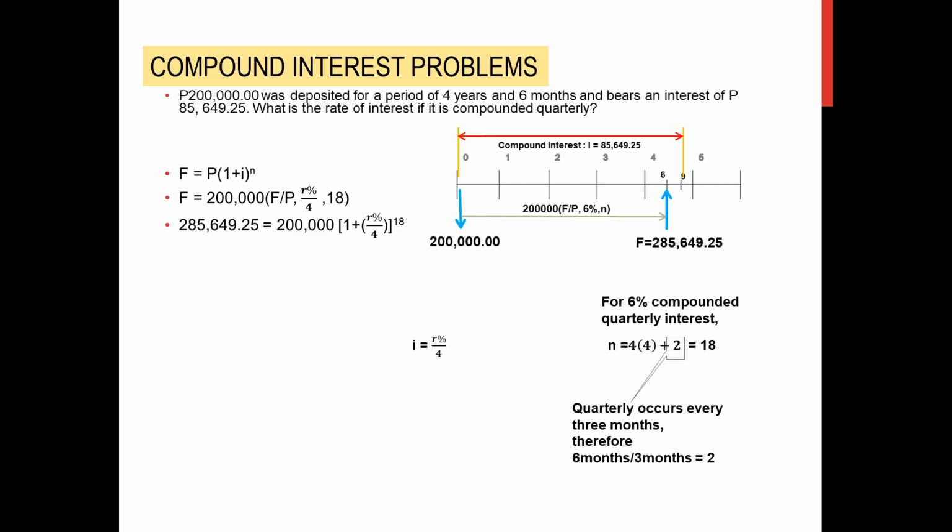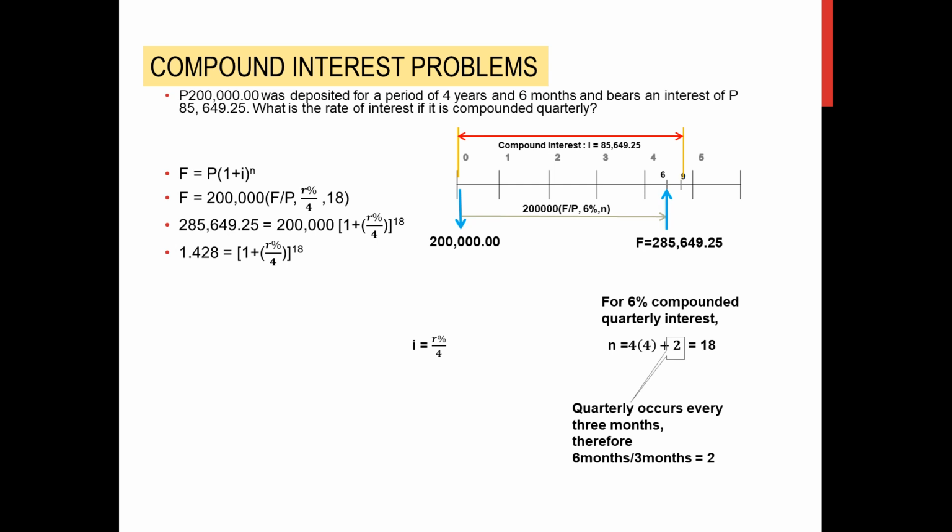So we are finding here the nominal rate of interest R percent. Okay. And we divide first the left hand side of the equation and the right hand side by 200,000. Okay, so it becomes 1.428 on the left hand side, and then 200,000 will vanish or will just equate to 1 there.